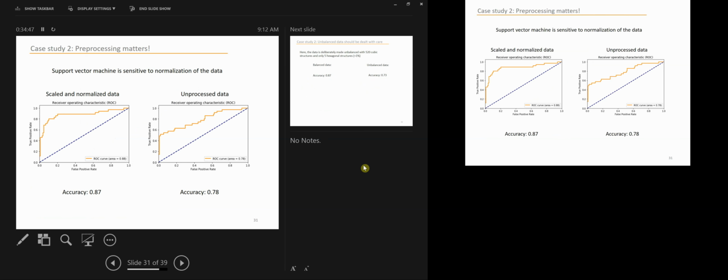So here, I deliberately kept the same data without performing any pre-processing on the data, and evaluated the model again. And as you can see here, the area under the ROC curve dropped to 0.78, and also our classifier accuracy dropped to 0.78. And this shows that it's very important to normalize the data for at least SVC models.